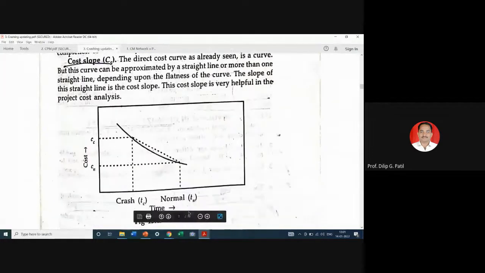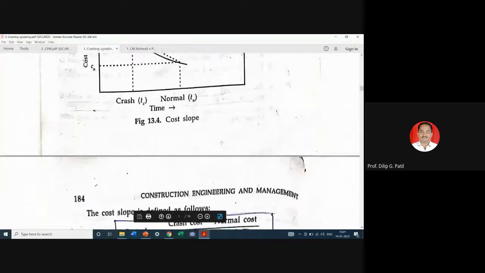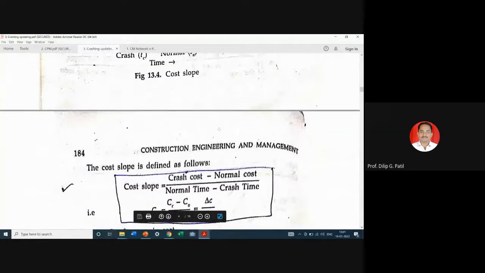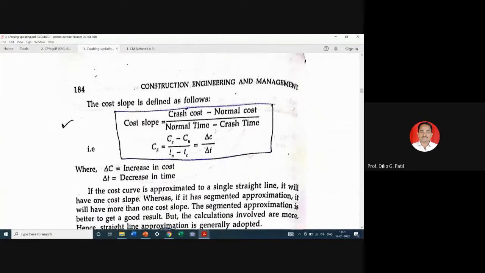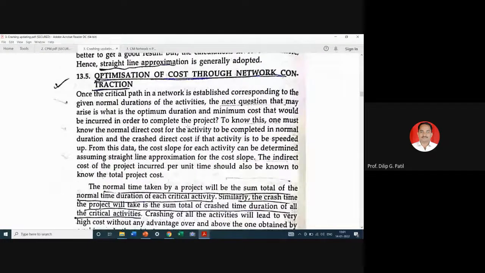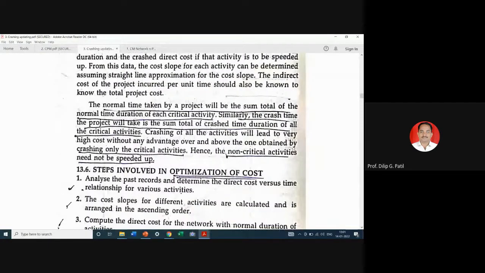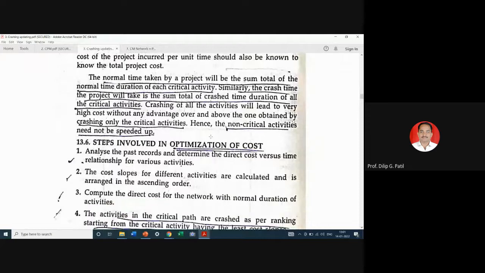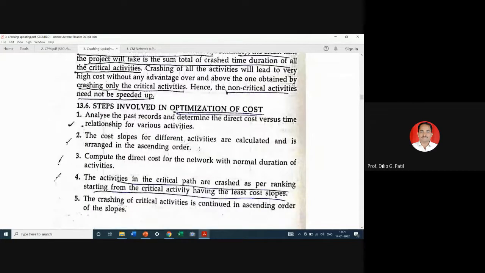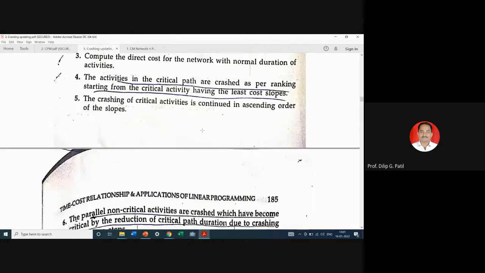So in the GATE examination also, a short numerical or any multiple choice question can be asked based on the cost curve, which we can see in one of the sessions, that is, which questions have been asked till now on this project management topic related to CPM, PERT, probability, or updating of the network, crashing of the network.